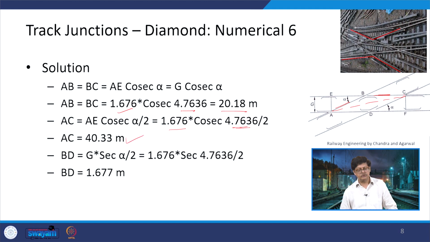Similarly, there is this BD, which is related to the value of G. So, G sec alpha by 2, and this comes out to be 1.677. It looks reasonable, since G is 1.676, just a small difference is coming.